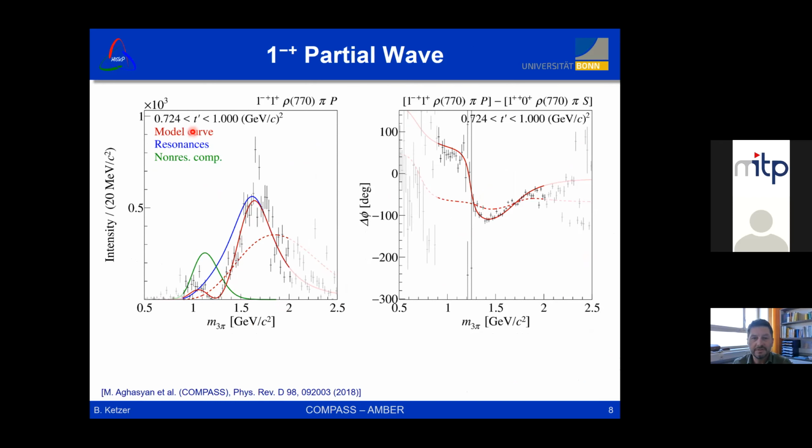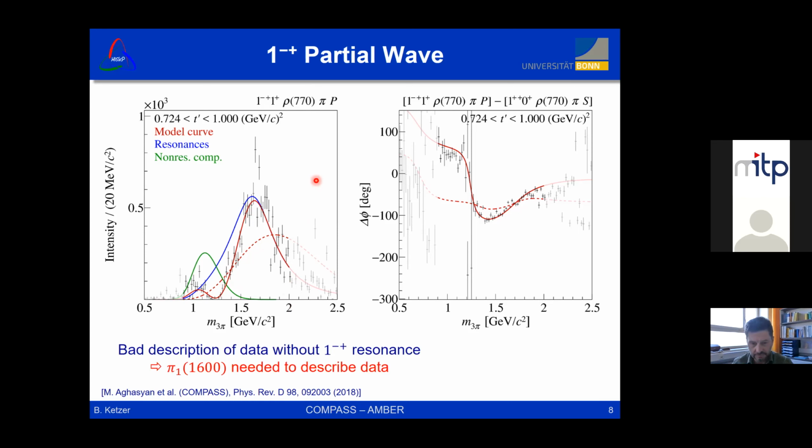Left is the intensity in the rho pi P wave, and right is the phase difference of the rho pi P wave to the rho pi S wave. And you see our model fits, and our conclusion is that we cannot describe the data without the 1-+ resonance. So the pi1(1600) is actually needed to describe the data, and these are the parameters that we extracted.